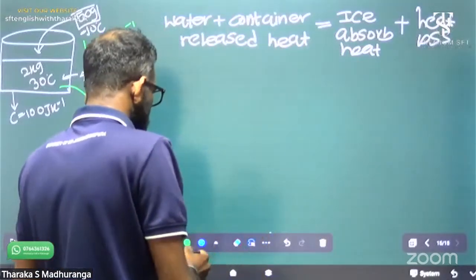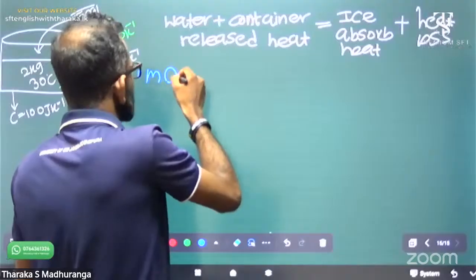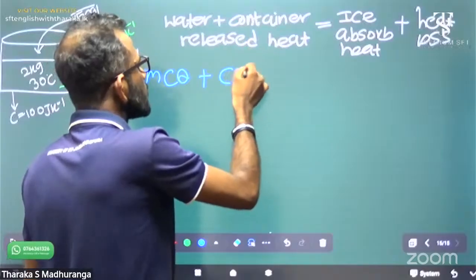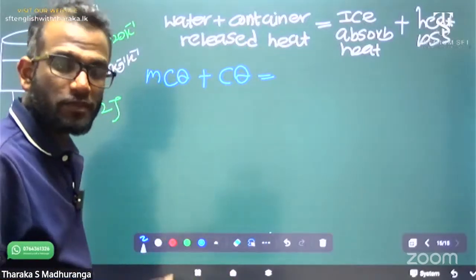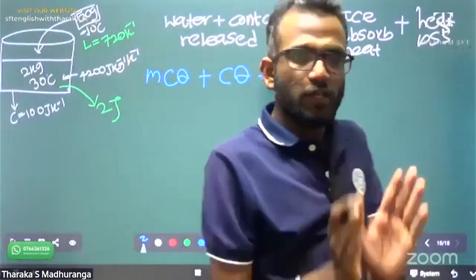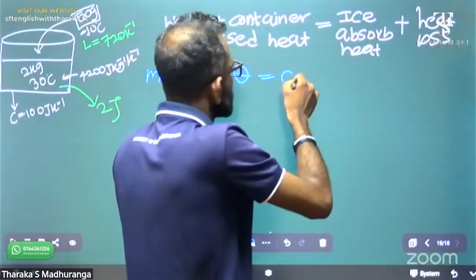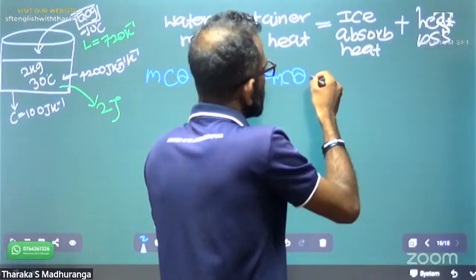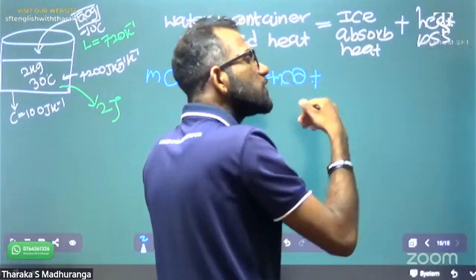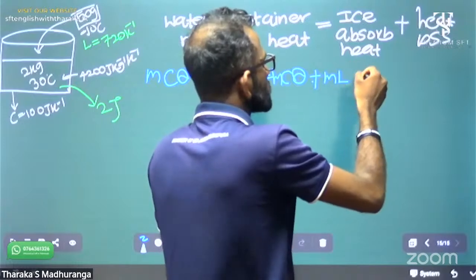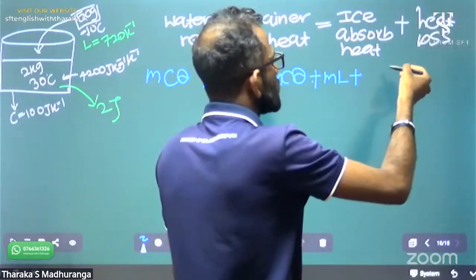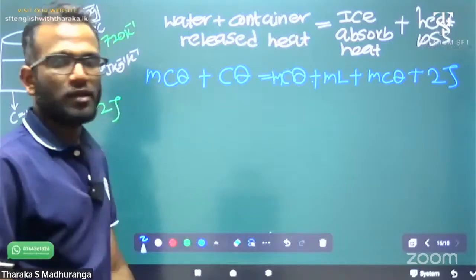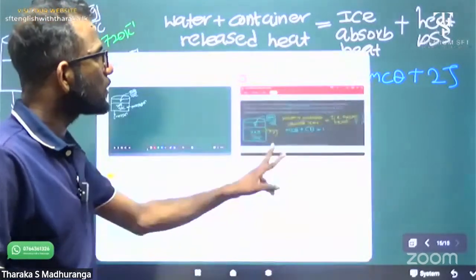Now water mc theta plus container c theta equal to ice absorbing heat. First of all, ice comes to 0 Celsius, mc theta. Then ice converts into water, ml. Again it comes to temperature theta, mc theta again. Plus 2 joules loss amount.